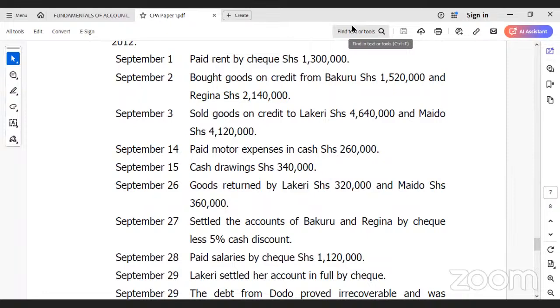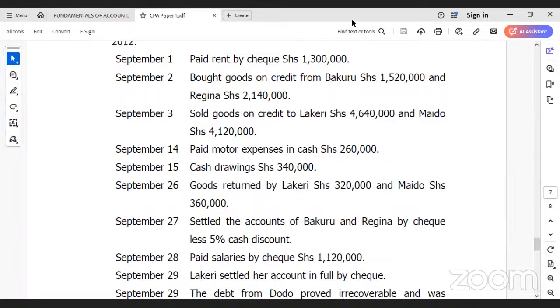Rent is an expense. So a debit entry will be made in the expense account, that is rent. But then bank is an asset, and we are paying rent by check. So our money in the bank account is reducing. So what we have to do is make a credit entry in the bank account.